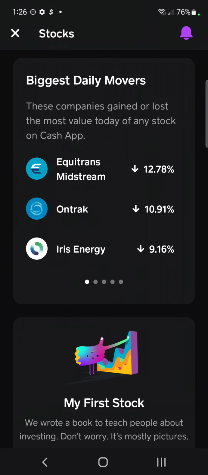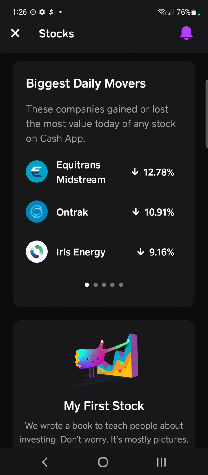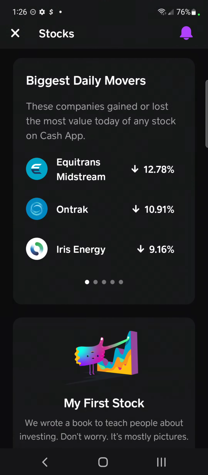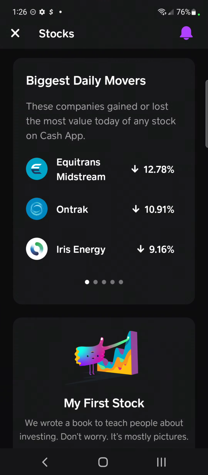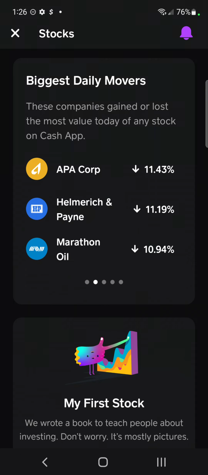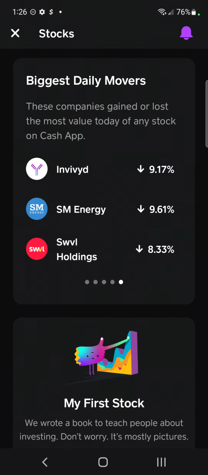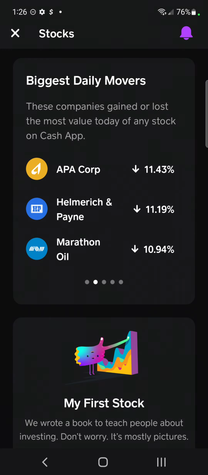This is on Cash App, yes, that Cash App where you transfer money to and from people. You have a stock tab in there, and I'll show you that in a minute. Then down here you have your biggest daily movers. These are the stocks that have moved the most, whether positive or negative, within the past 24 hours. So there you have it.